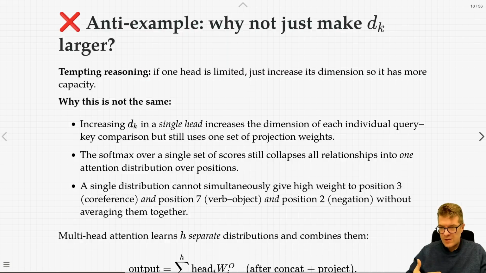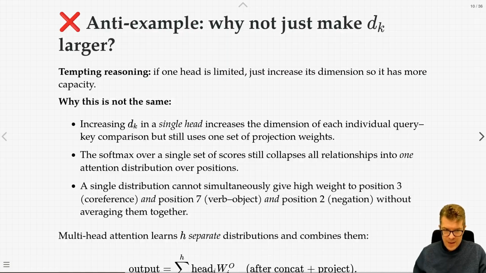We've seen lots of examples in the past of more capacious networks being able to learn more things simply by means of their capacity. To some extent, the double descent thing we saw earlier is an example of neural networks being able to overcome their limitations because of their sheer size and our patience in training them. So we say, well, bigger is better. We'll just make d sub k bigger, and it'll be able to learn all of these things that we are asking the multi-head attention to learn for us.